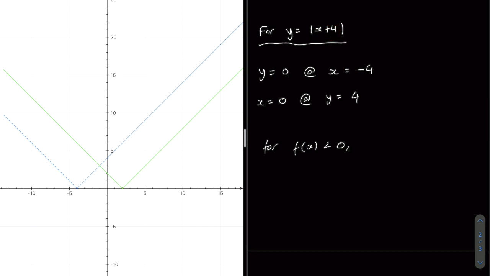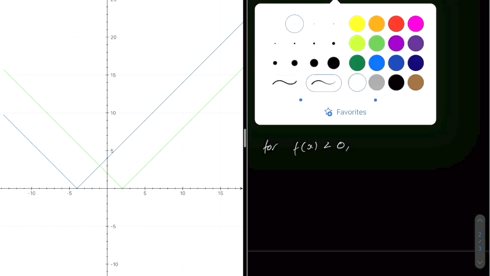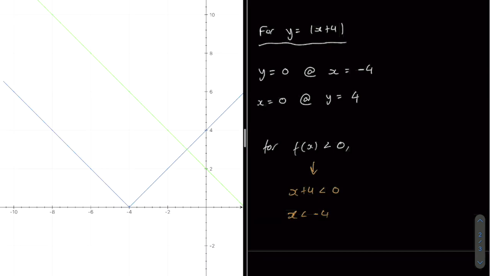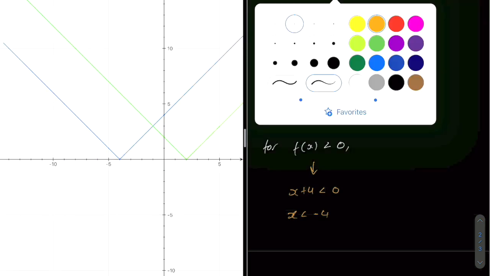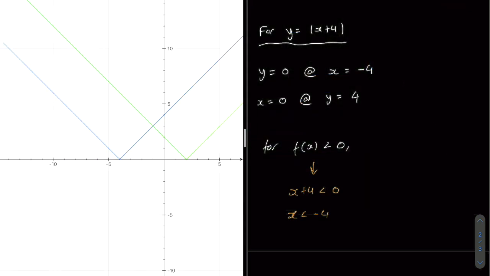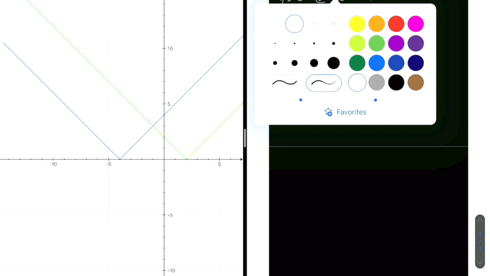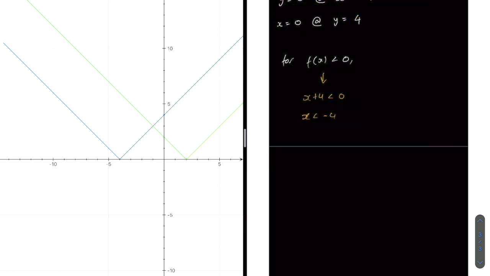So for f of x smaller than 0, i.e. x plus 4 smaller than 0, x smaller than negative 4, which is this bit over here to the left, notice how the graph is slanted. It's reflected over the x-axis.